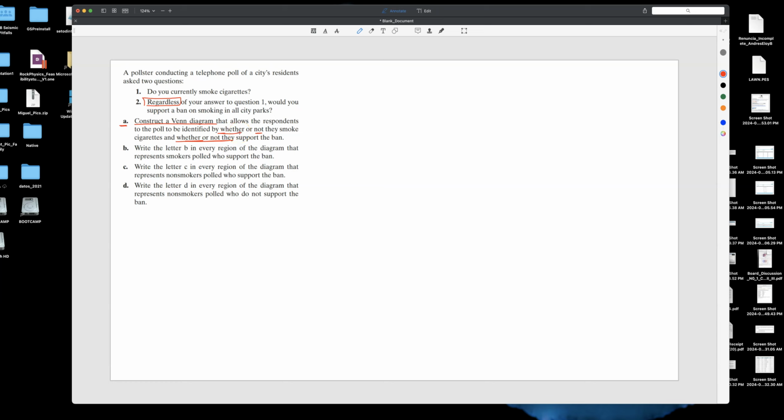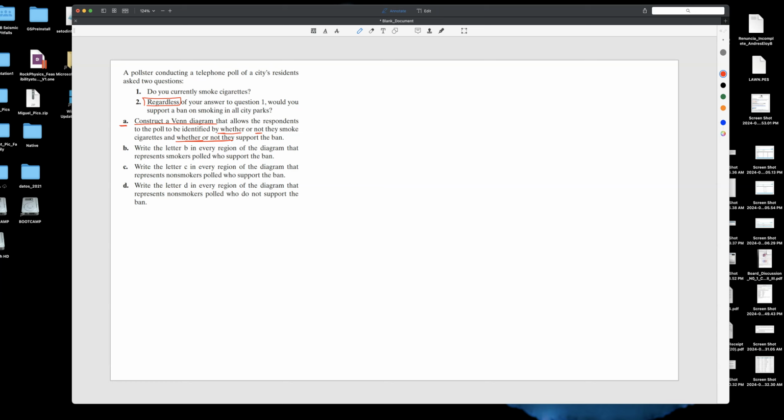What they are telling you is that you may have a person consulted in the survey who actually smokes cigarettes, but also supports a ban on smoking in all city parks. So in the Venn diagram representation, we need these two sets, and we need to assume that they have an intersection.